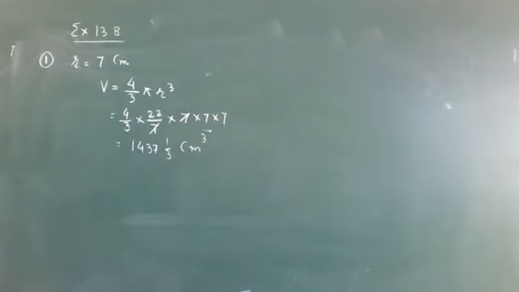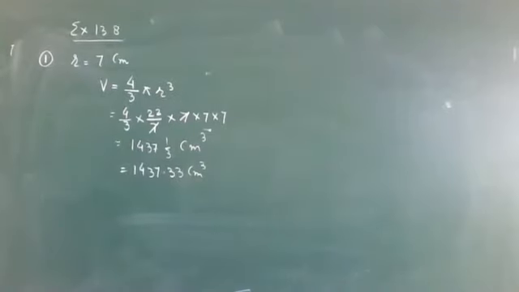The volume of the sphere whose radius is 7 is equal to 1437 and 1 by 3 centimeter cube, or it can also be written as 1437.33 centimeter cube.